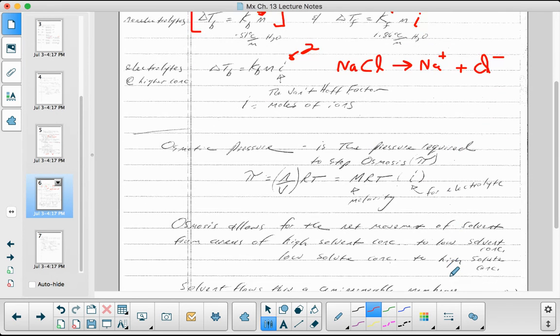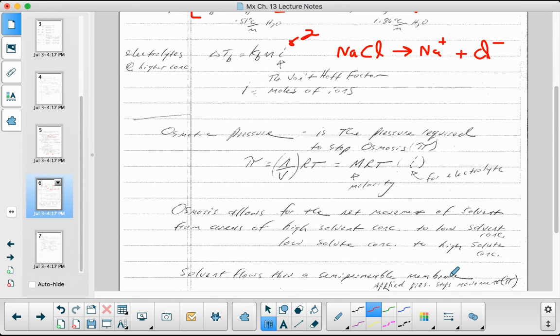Okay, so then the last thing here is osmotic pressure. Osmotic pressure is the pressure required to stop osmosis. Osmosis allows for the net movement of solvent from areas of high solvent concentration to low, or low solute concentration to high solute concentration.